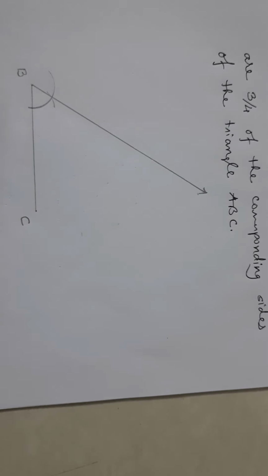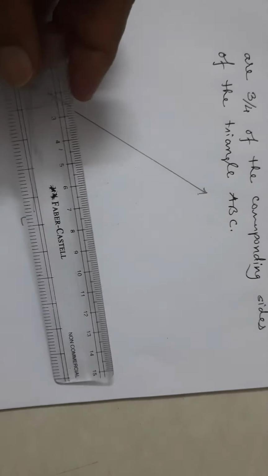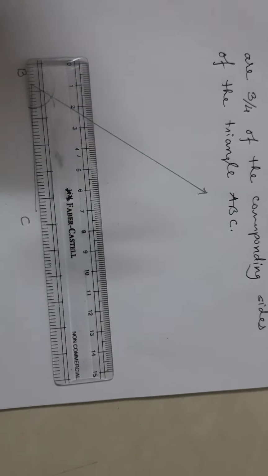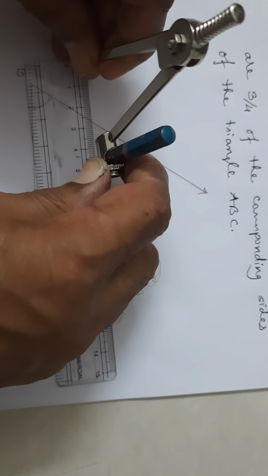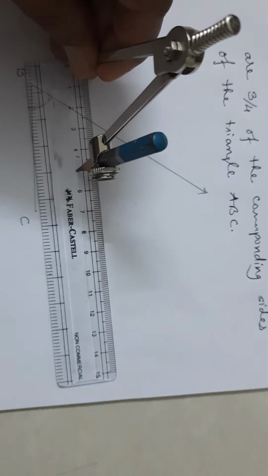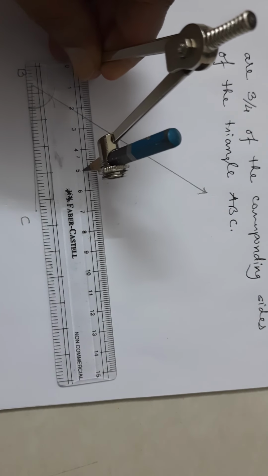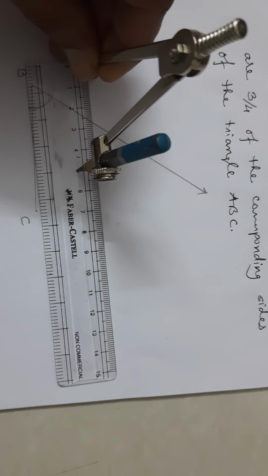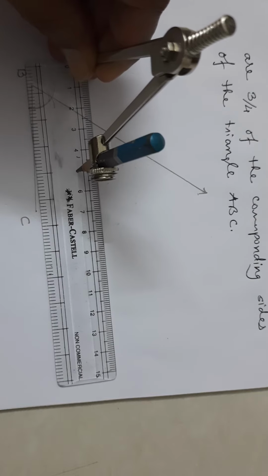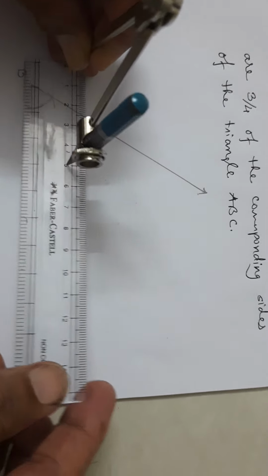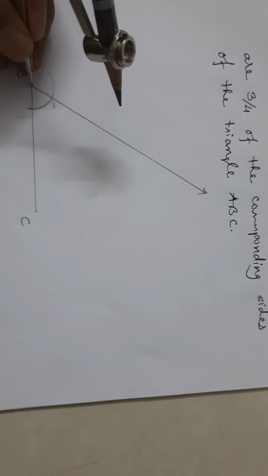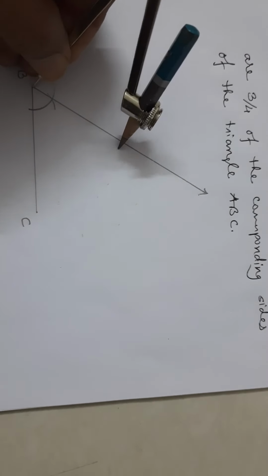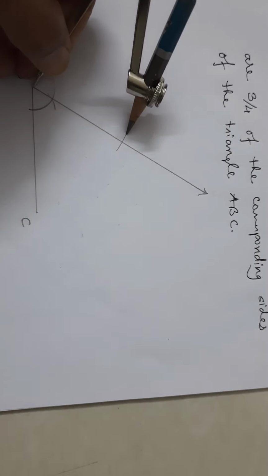Now it is said that AB must be 5 cm. So let's measure AB. AB 5 cm, you can see here it is 5. So this length I am going to take from B to locate A. From B to mark A. You cannot measure, it has to be with compass and pencil.